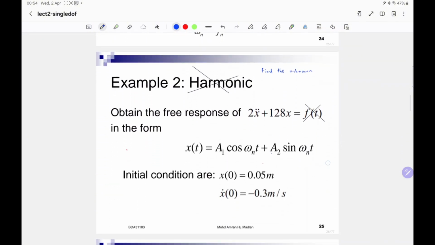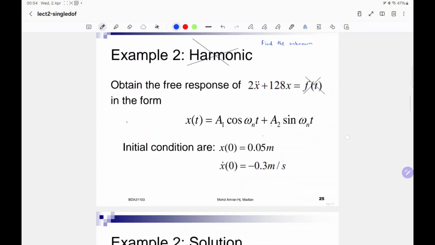Alright, next let's look at example 2. Example 2 asks you to obtain the free response of this in the form of this. So what the question is asking is to determine A1, A2 and omega n.